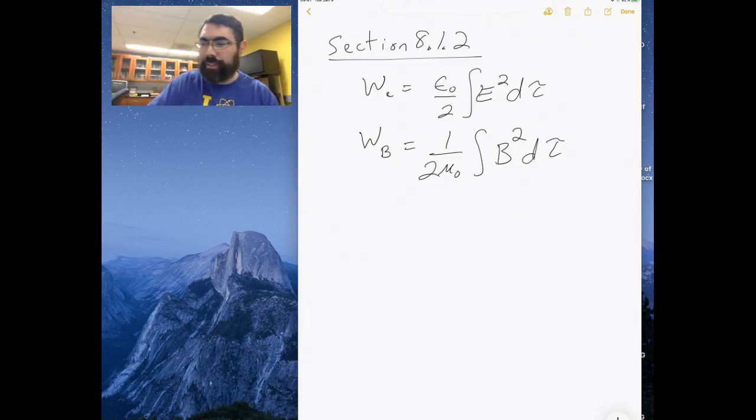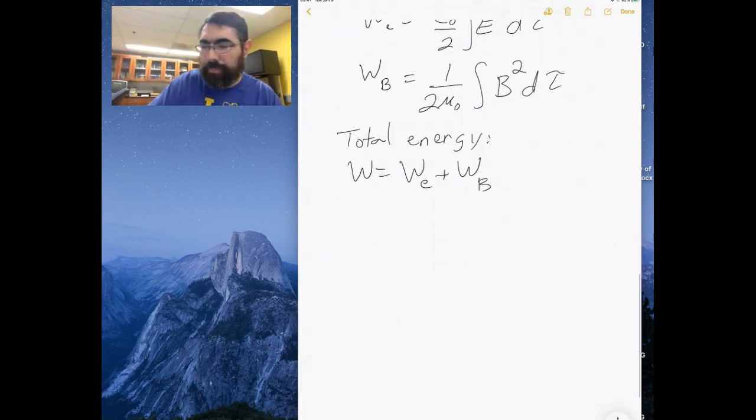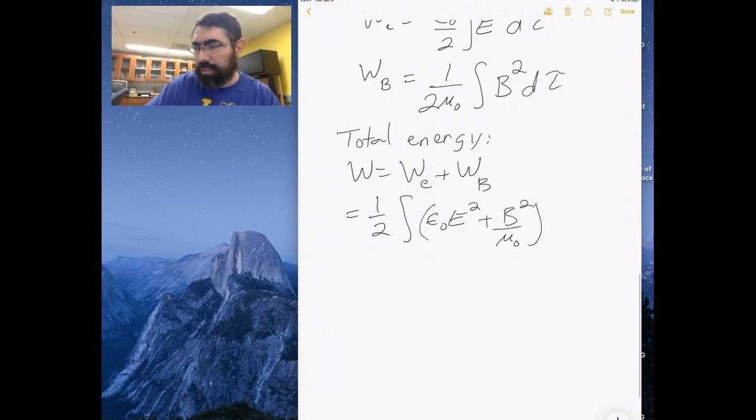Okay, so if we put that all together, the total energy is the sum of the electrical energy and the magnetic energy. Okay, so if I write that out, I get 1/2 the integral of epsilon naught E squared plus B squared over mu naught, integrating over the total volume of the system.